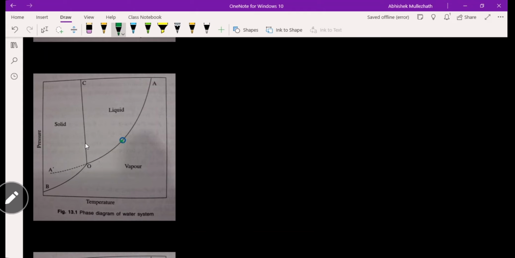Vaporization curve means that the liquid water is in equilibrium with the water vapor, that is, the gaseous state. So these two states are in equilibrium. Chemically, I can write this system as water in liquid state in equilibrium with water in gaseous state.